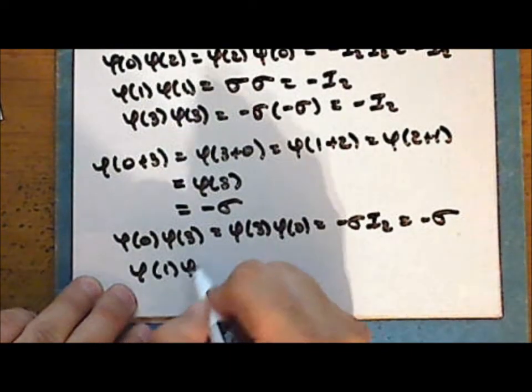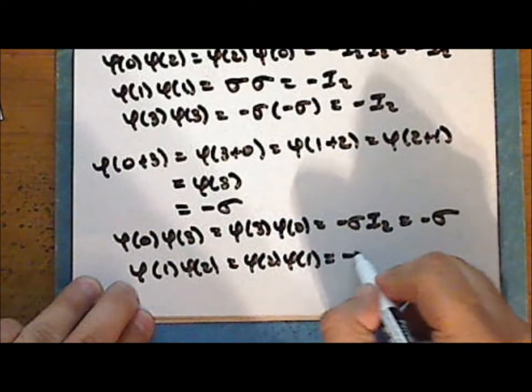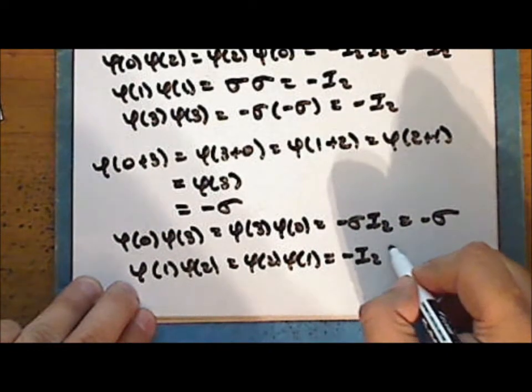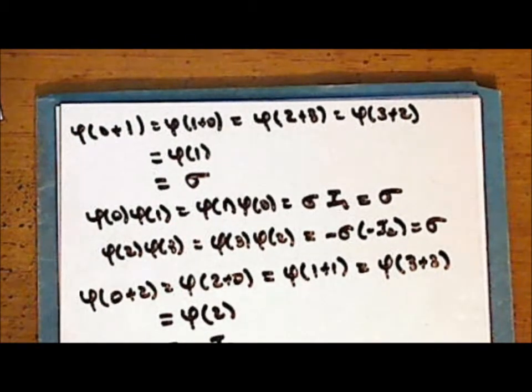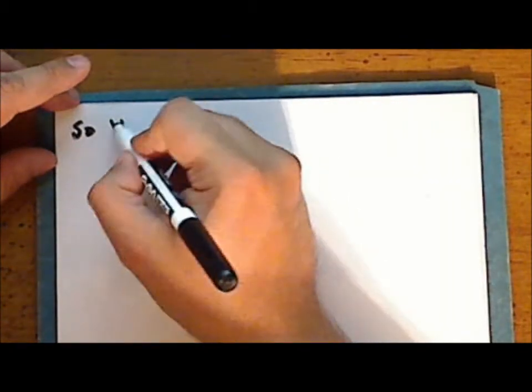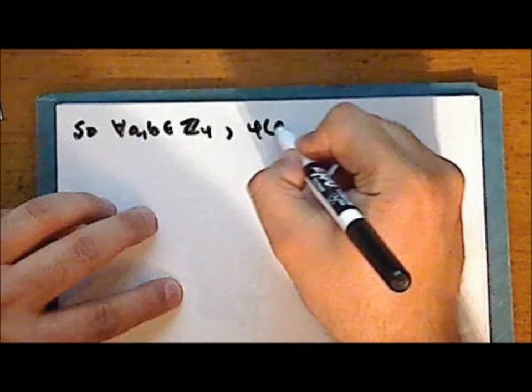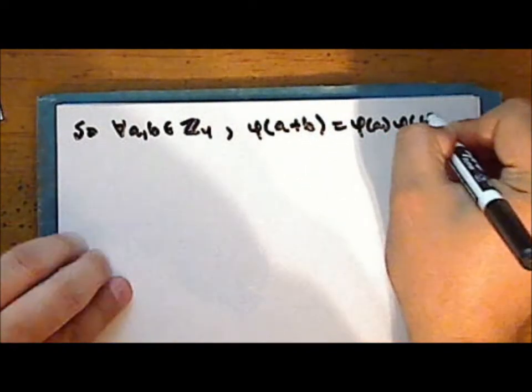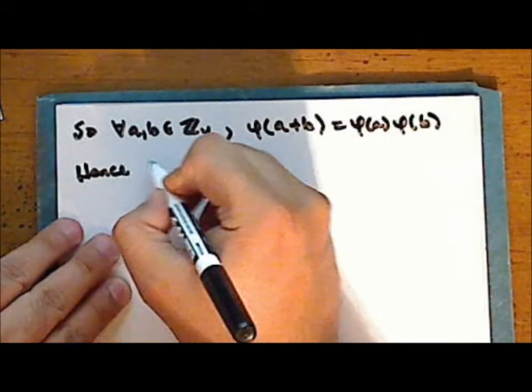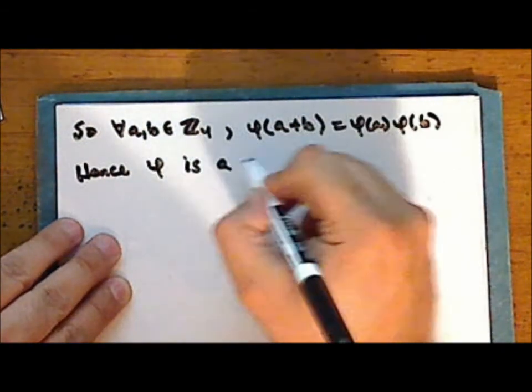Phi of 1 times phi of 2, and this is negative identity times sigma, which is negative sigma. And so for every pair of elements A and B in the set of integers modulo 4, we have that phi of A plus B is phi of A times phi of B, and hence the map phi is a homomorphism.